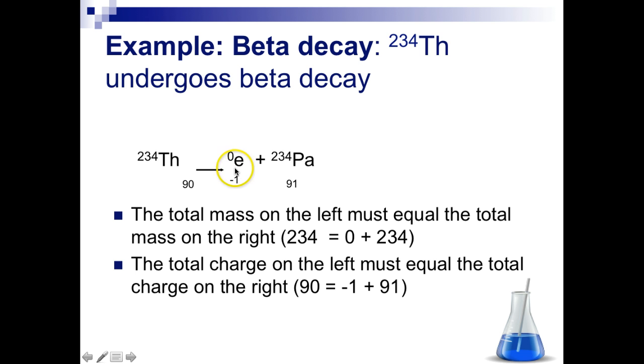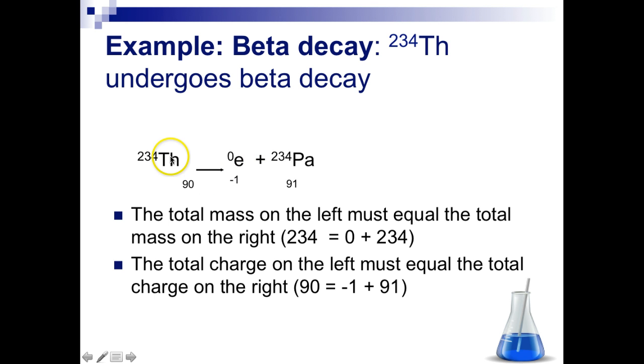And since it released a beta particle, which has 0 mass and -1 for the atomic number, the total mass on the left side must equal the total mass on the right side. So 234 has to equal 0 plus 234. The total charge on the left side must equal the total charge on the right side.